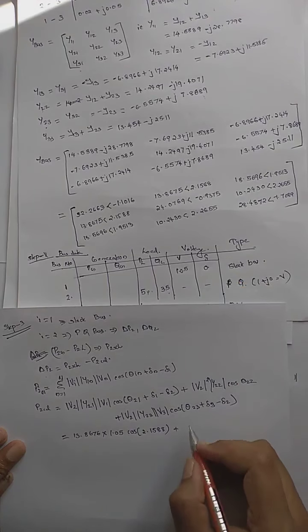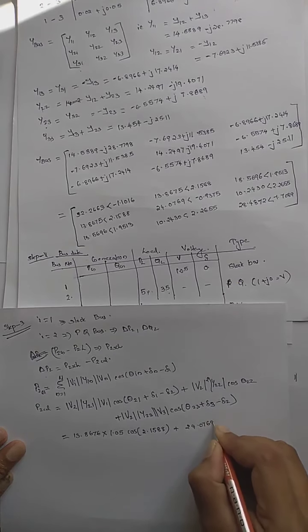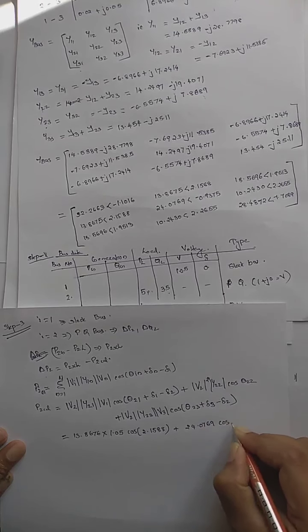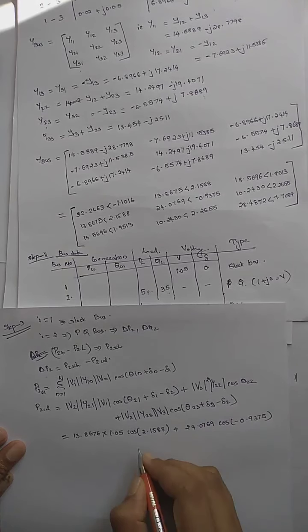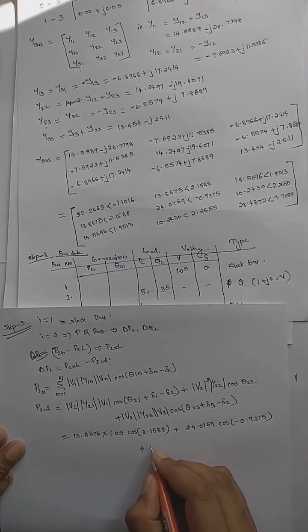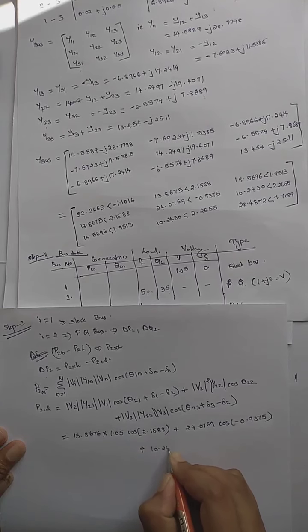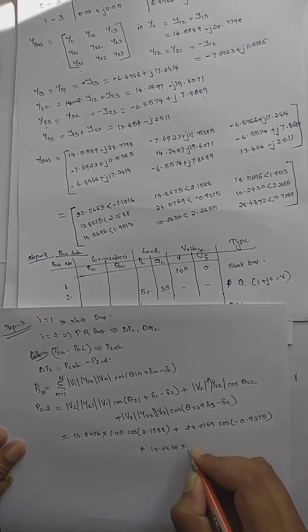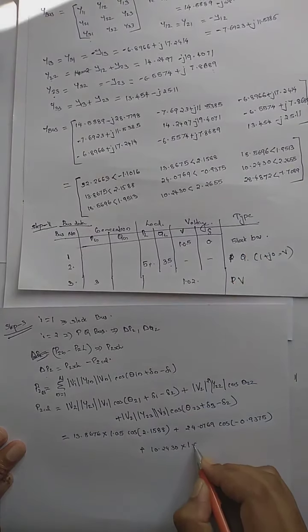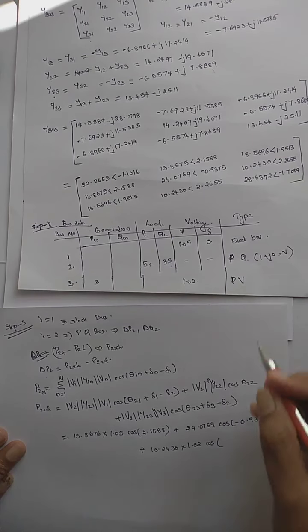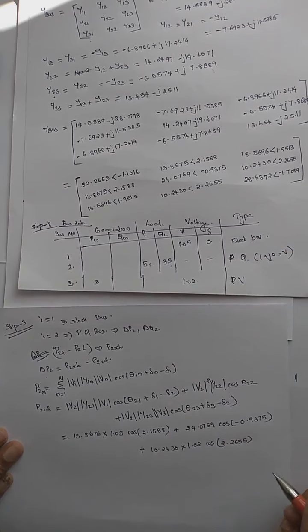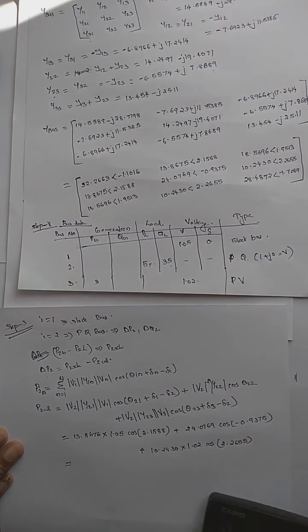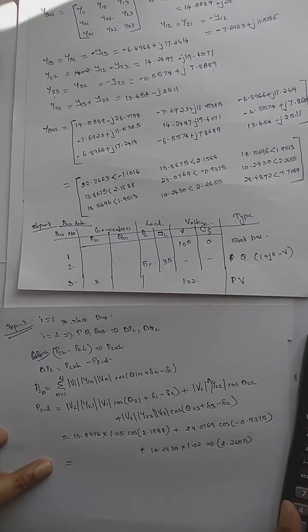That is V2 square is 1 square into Y22, that is 24.0769 into cos(minus 0.9375), plus V2 value is 1, Y23 is 10.2430 into V3 value is 1.02 into cos theta 23 value, which is 2.2655.